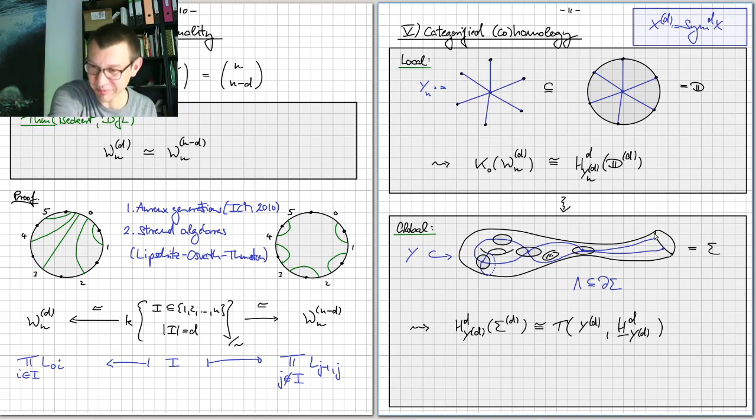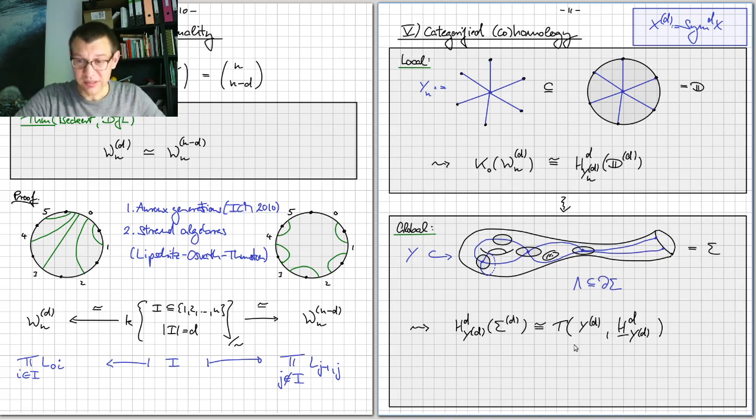And now I choose some graph which is embedded in this surface. And now I can ask exactly the same question. I can compute the dth cohomology with support on the dth symmetric power of this graph in the dth symmetric power of the surface. And that's already maybe a rather interesting topological space.